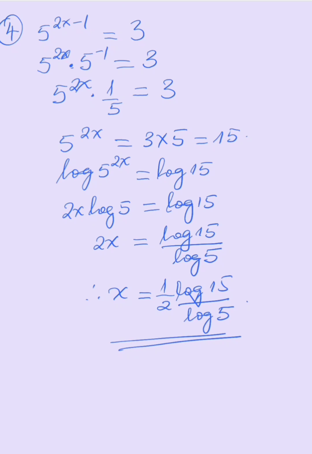And this is the exact value of x. If the question asks to a certain accuracy, like the number of decimal places or the number of significant figures of the value of x, you can then turn to your calculator and write down the value.